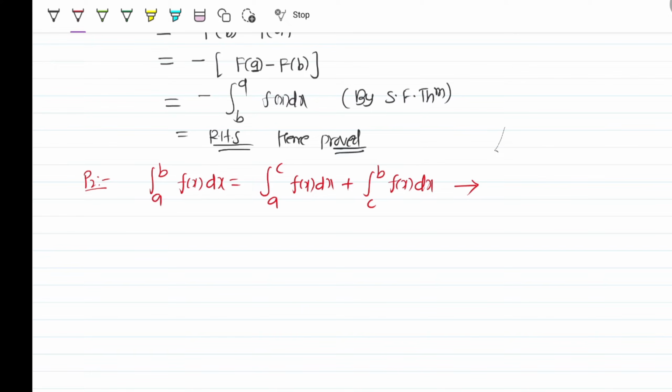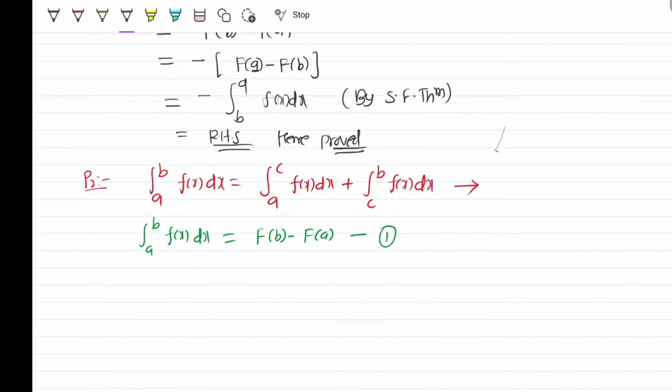We will prove this, not an issue. Here also we will use the second fundamental theorem of calculus. By it, what is this integral a to b f(x) dx? It is the same as F(b) minus F(a), no doubt.